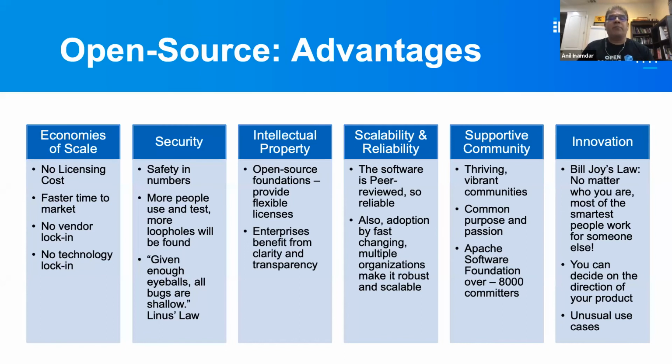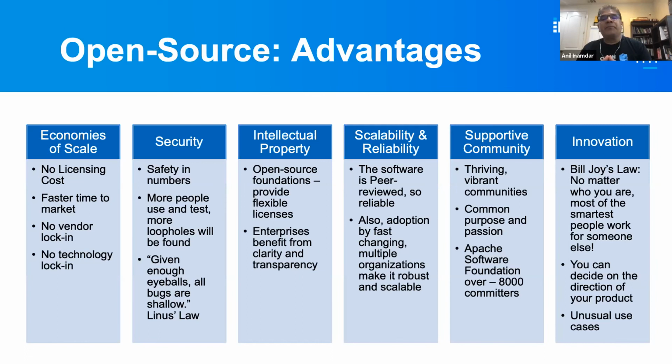Apache software, for example, has over 8,000 committers and maybe hundreds of thousands of individual and corporate contributors. So community plays a big role in open source. Then last but not least is innovation. When many people start using open source software, they focus on no licensing, no vendor lock-in, and things like that.